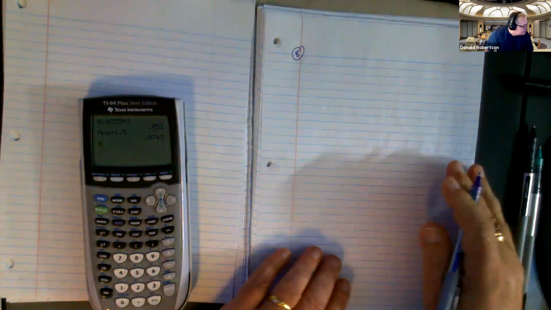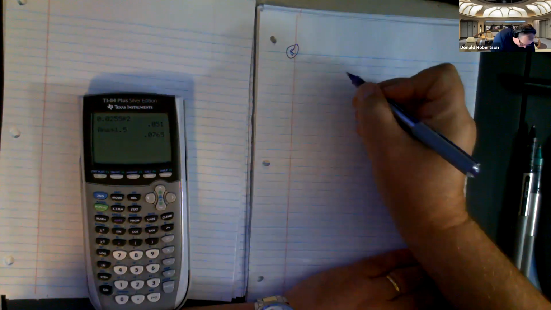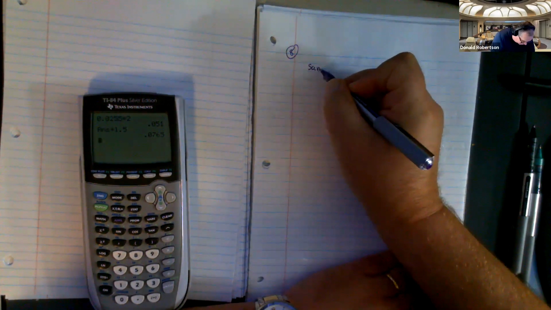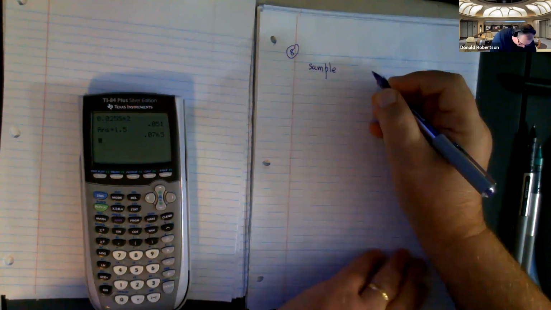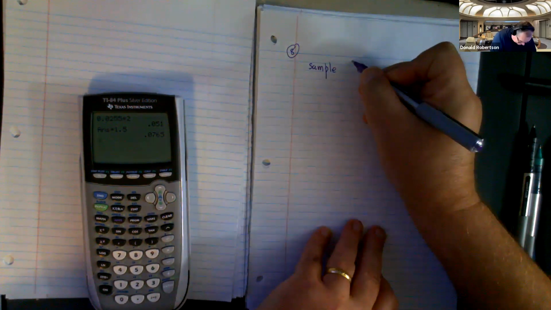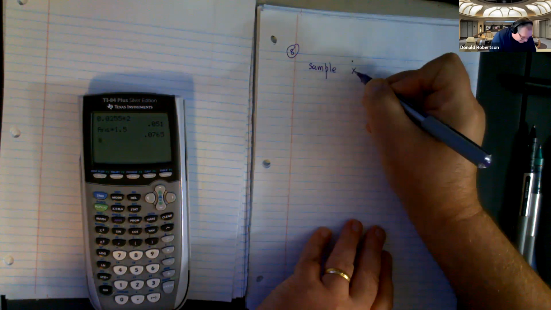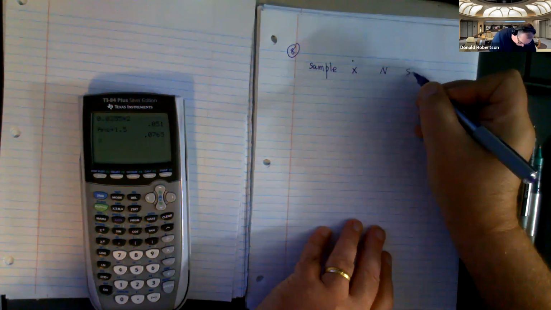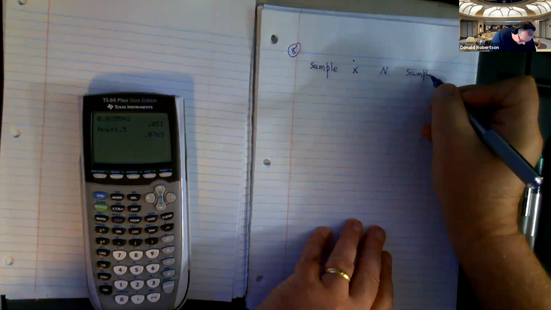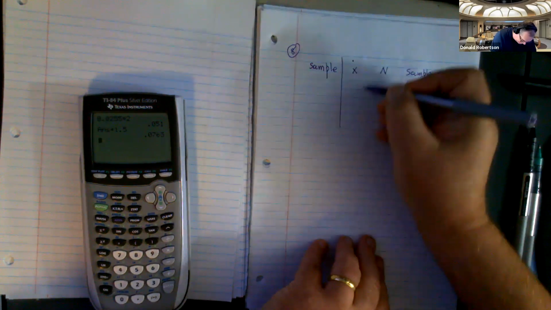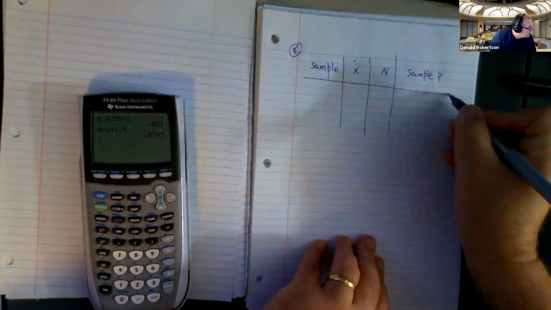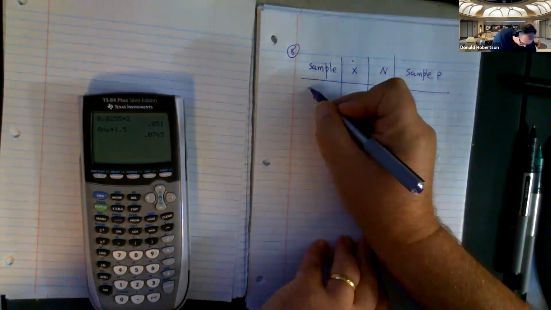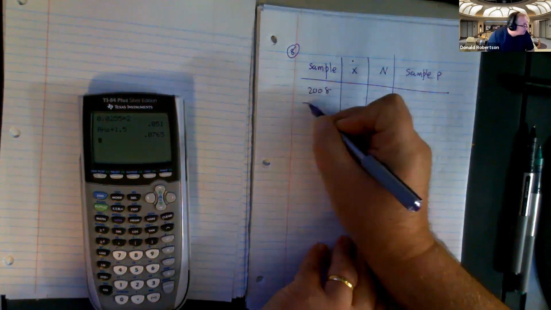Question 8 is a little bit different. What you're seeing here, I'm just copying it down, is a sample. This guy's X, this guy's N, and this guy is called sample P. This is in the year 2008, they had the sample.